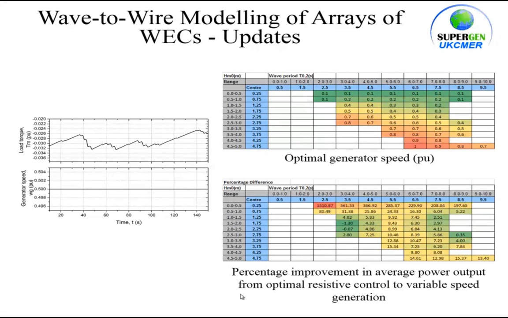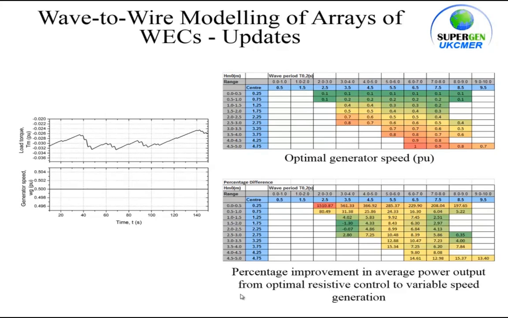On the left here, we can choose to have our generator running at whatever speed we want. Here we've chosen to have it running at 0.5 per unit, which is 0.5 of its nominal speed. You see the torque curve up there. On the right-hand side, you'll see we ran the code for a number of sea states, and depending on the sea state, we could pick the optimal generator speed.